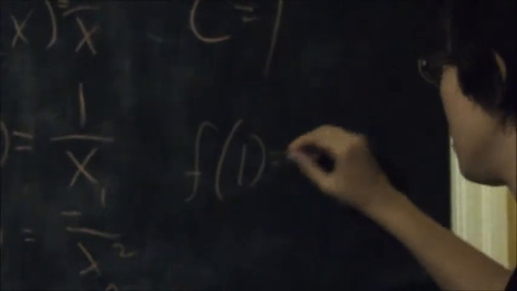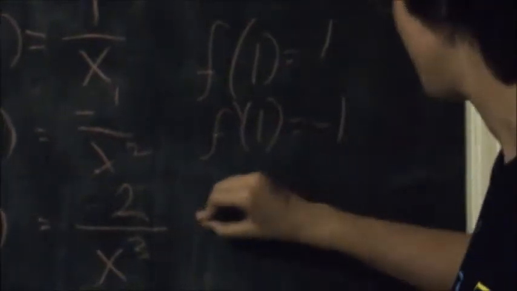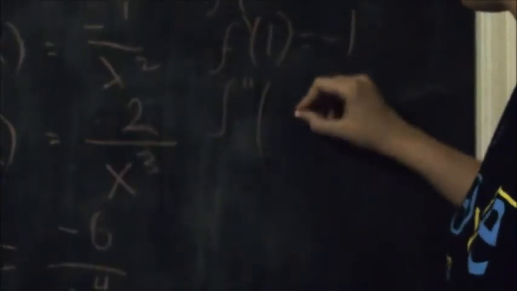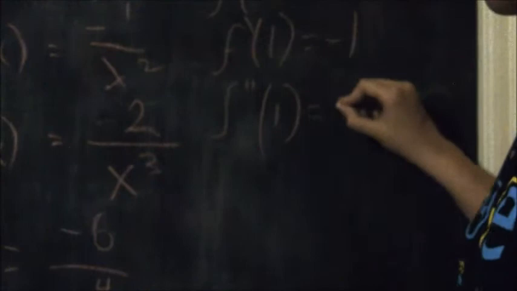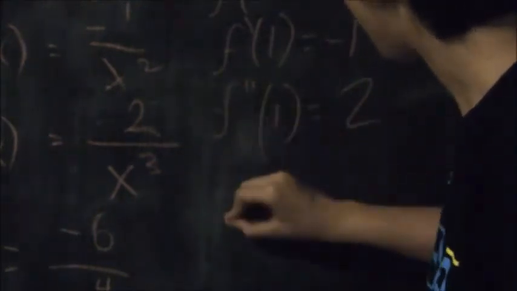It's about 1, so we have to do f of 1 is just 1, f prime of 1 is negative 1, f double prime of 1 is 2, and we continue this.